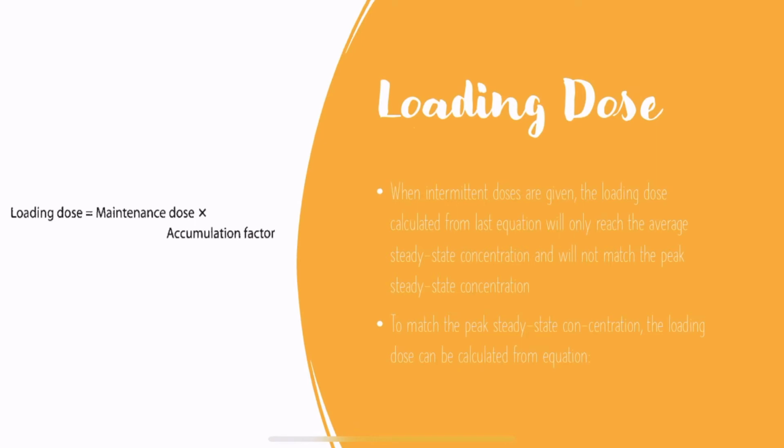When intermittent doses are given, the loading dose calculated from the last equation will only reach the average steady-state concentration and will not match the peak steady-state concentration. To match the peak steady-state concentration, the loading dose can be calculated from this equation: loading dose is equal to maintenance dose multiplied by the accumulation factor if intermittent doses are given.